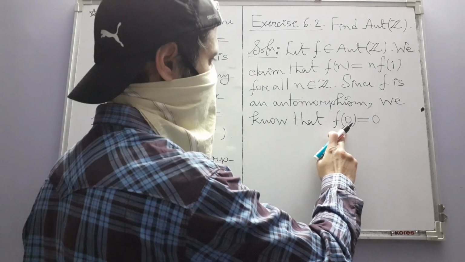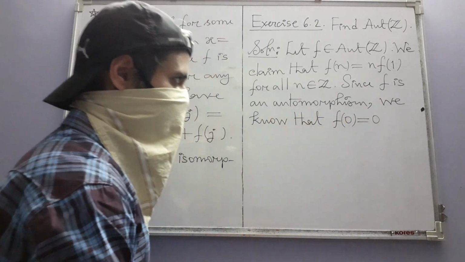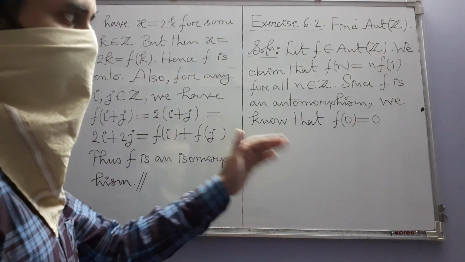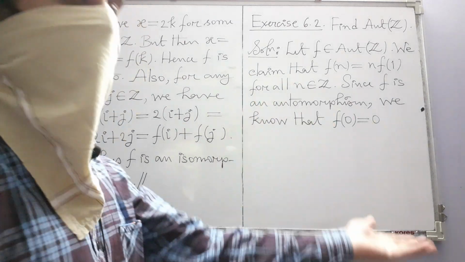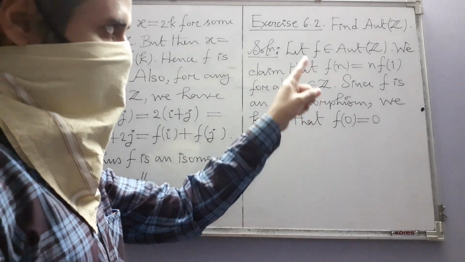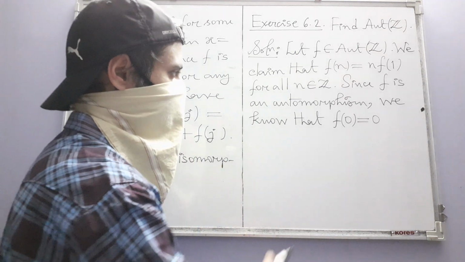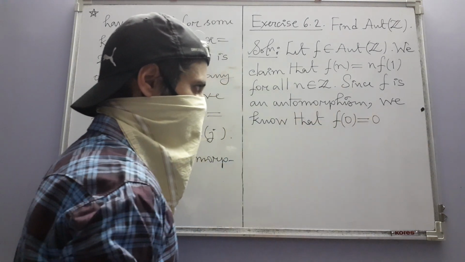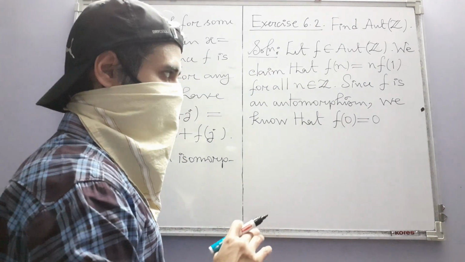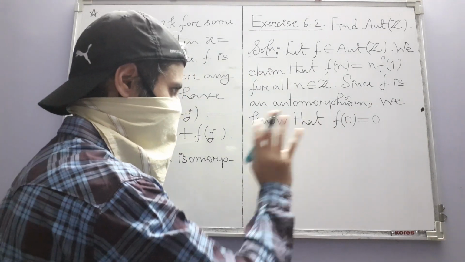If you evaluate the isomorphism at the identity element of the group, then you get the identity element of the other group. In this case, both the groups are the additive group of integers. So f of 0 must be equal to 0, regardless of what the function f is.